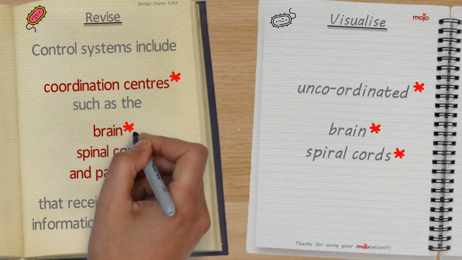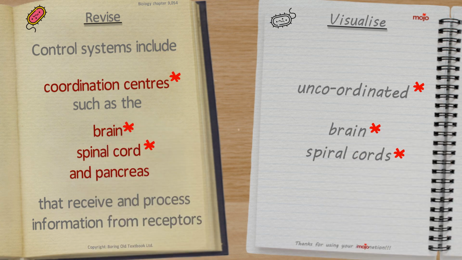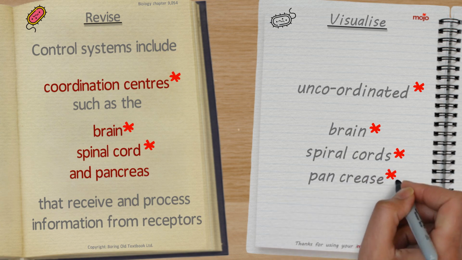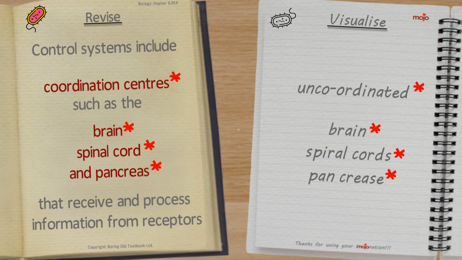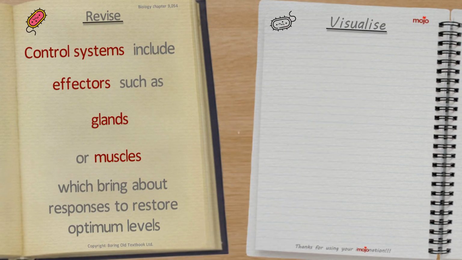A frying pan falls from a shelf onto its head so hard it bends the pan. There's a crease in the pan. It's a pan crease. So think of an uncoordinated little muley, tripping in a spiral cord, banging its brain hard, and forming a pan crease. Control systems include effectors, glands, or muscles, which bring about responses to restore optimum levels.